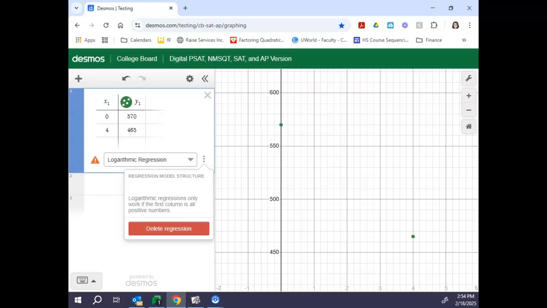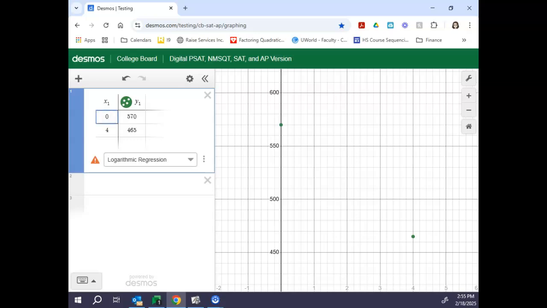But I can't change that, right? And I don't want to change it from natural log anyway, and it wouldn't let me change it to the plus 1. So instead, I'm actually going to add 1 to my x values. So we either manipulate the regression, which we can't, or we manipulate the x values, which we can.